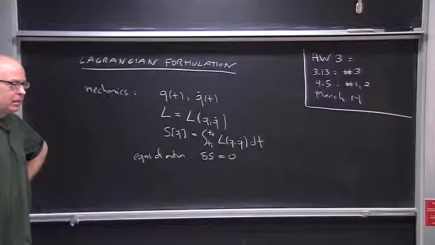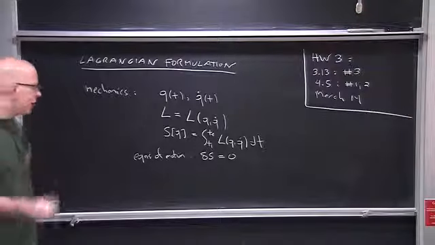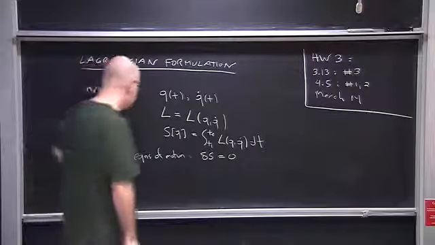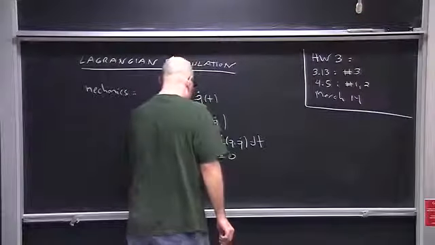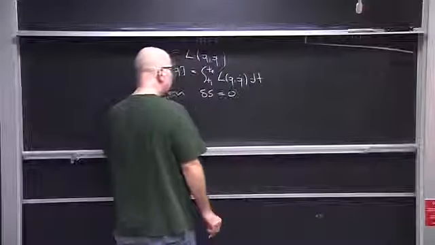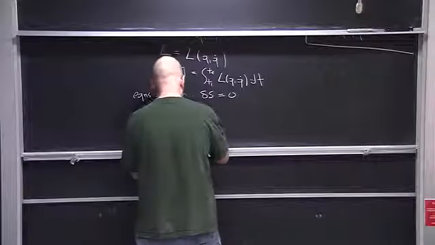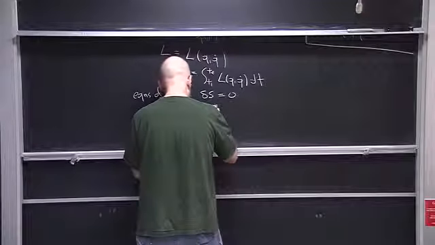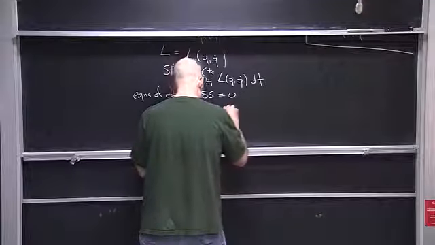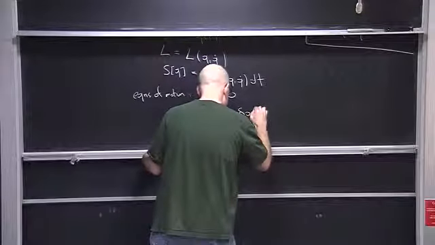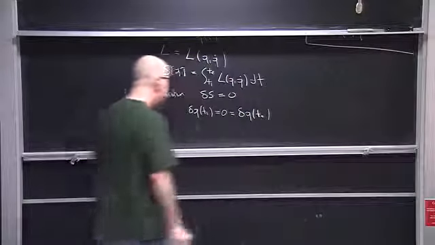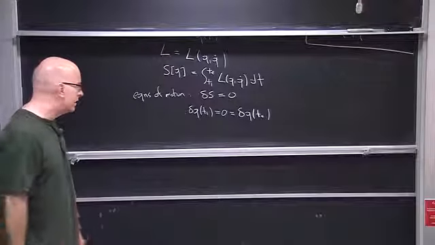The true path will be an extremum of the action. And the caveat, or the restriction that we have on all possible variations, is that we all have to start at the same starting point, and all those paths that we consider in the variation also have to end at the same point.